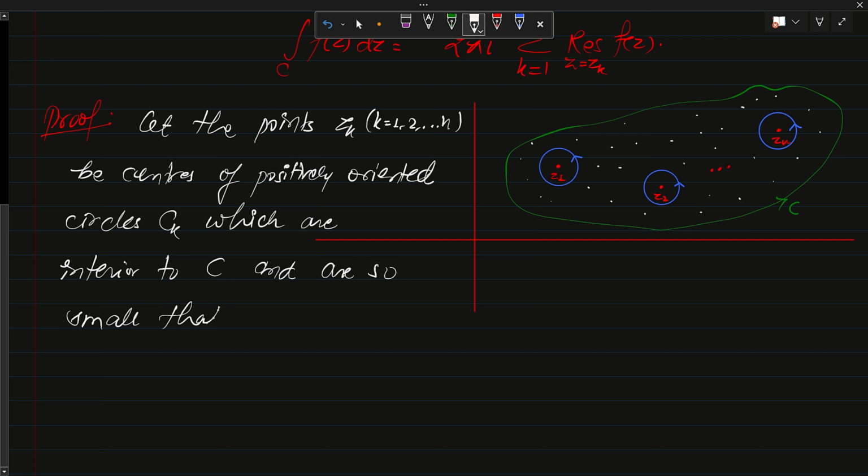that no two of them have points in common. That means they are isolated.